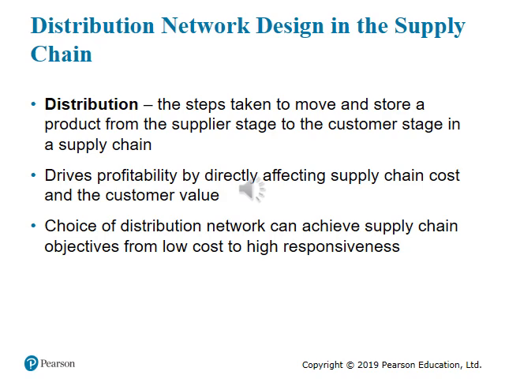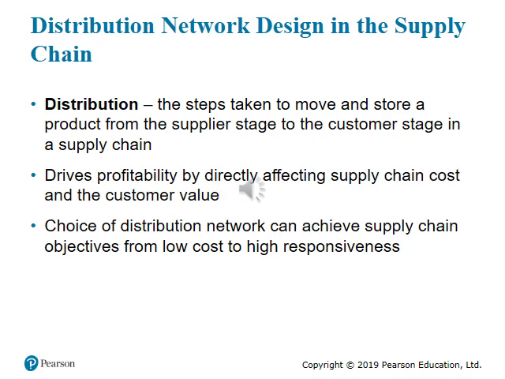It drives profitability by directly affecting supply chain cost and the customer value. Remember, now we have two important choices, either to be responsive or to be cost effective. Responsiveness means more cost. Cost effectiveness means less responsiveness. Choice of distribution network can achieve supply chain objectives from low cost to high responsiveness.